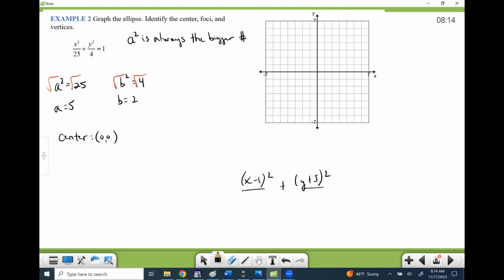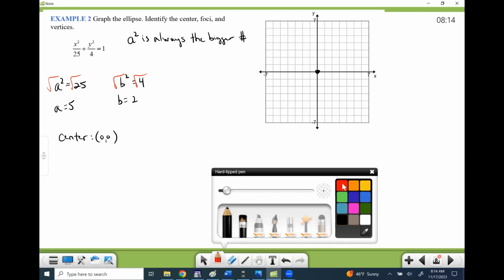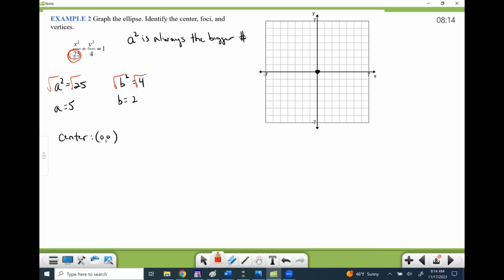If you don't see anything following the X and the Y, then you know that you are centered at 0, 0. So I'm going to draw my center. Now I'm noticing that this A squared, the 25, is underneath X. So I'm going to make a comment here that A is under X and that the B squared is underneath Y.